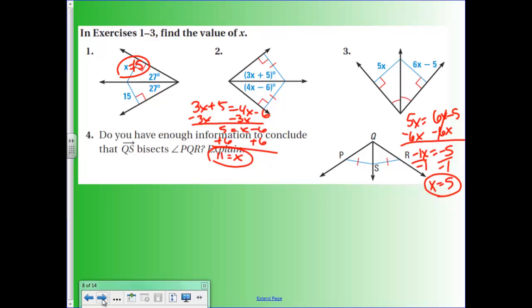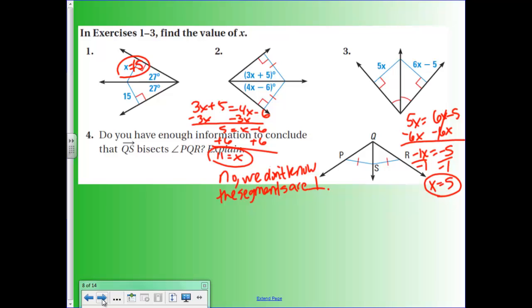It doesn't have a 90-degree angle. It doesn't tell us that the lines are perpendicular. So do we have enough information? We say no. We don't know the segments are perpendicular. Remember the symbol for perpendicular?